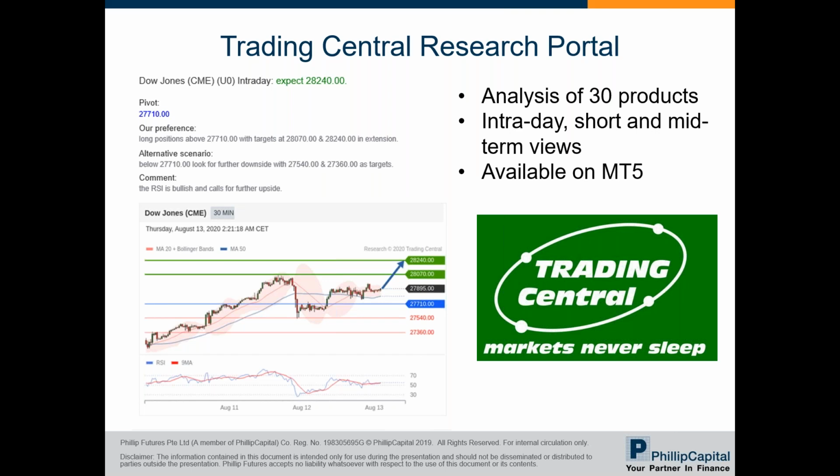You can see this was dated August 13, 2020. They provide you with some levels and predict that the price is going to go up today. They base their recommendations on the moving average 20, moving average 50, and the Bollinger Bands, and then give you some take profit and stop loss levels as well.